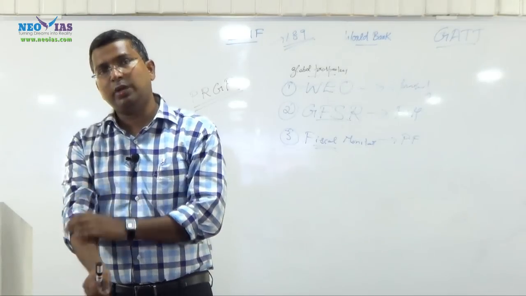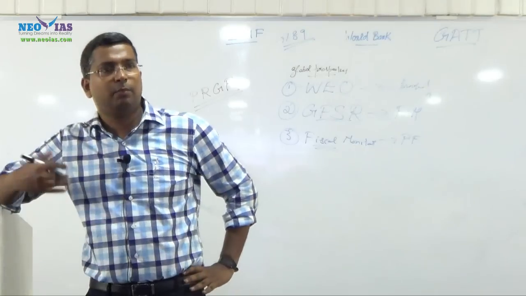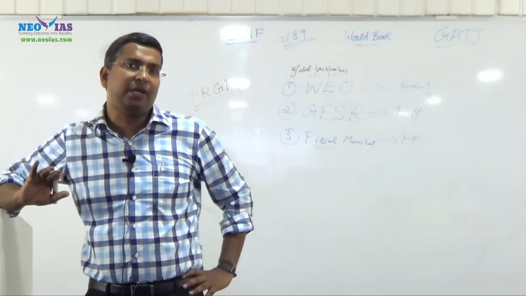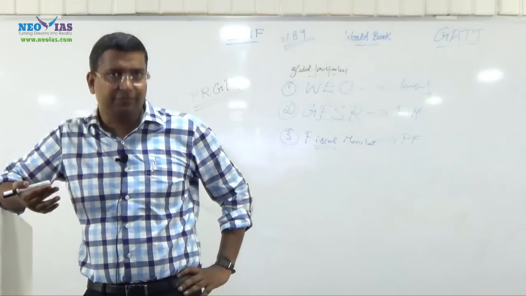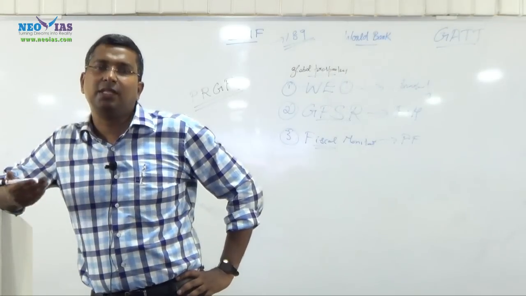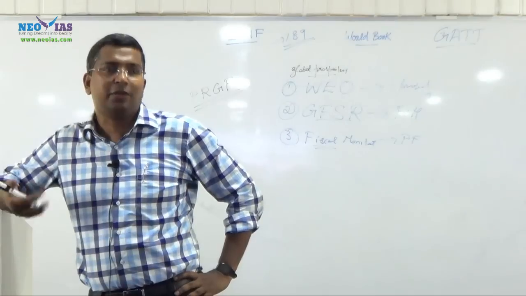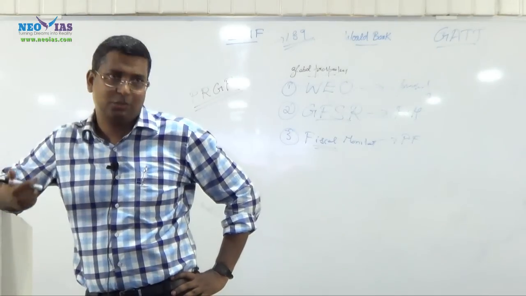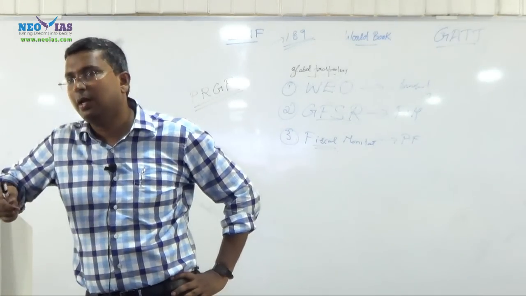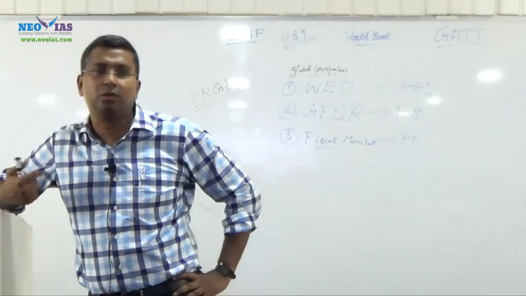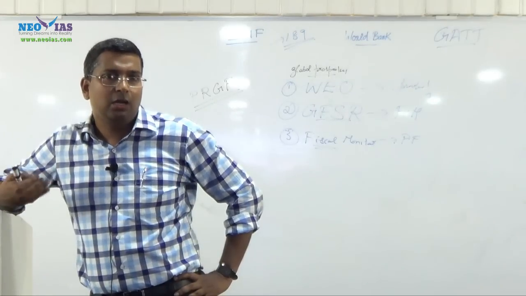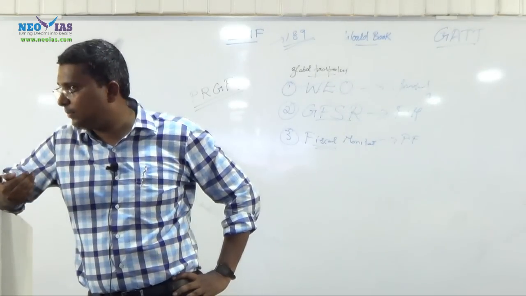The other 2 it provides to anyone, both developed and developing countries, that is stand-by facility and extended facility. But do you think that a developed country will require a poverty reduction facility? No. So a poorest member country requires this facility. So these are the 3 loan facilities given by IMF.